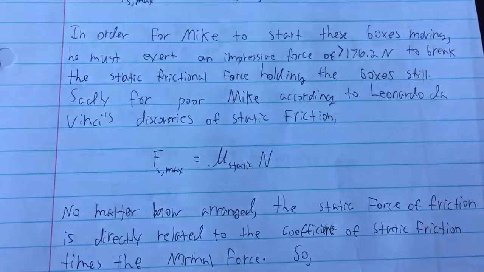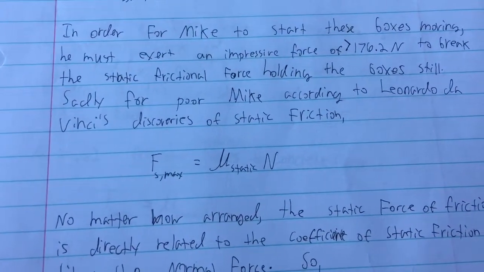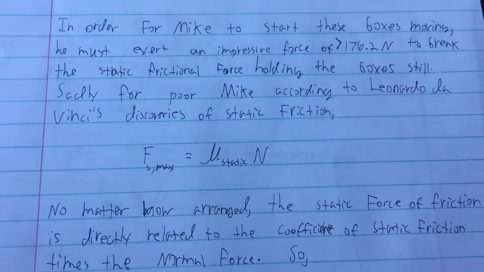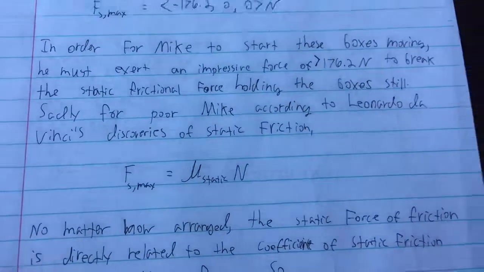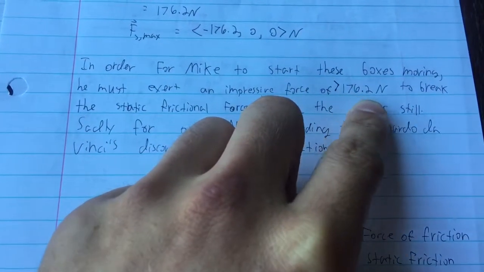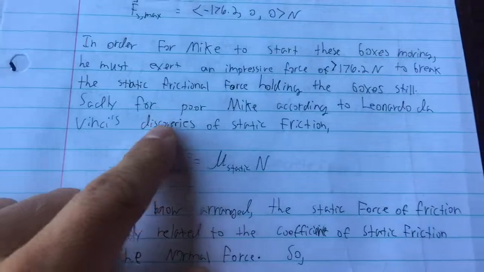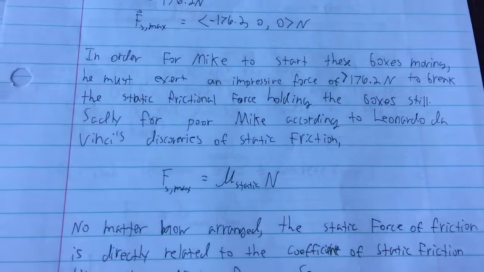So for this case, in order for Mike to start these boxes in motion, no matter what way they're set up, whether they're stacked or lined, it's going to require a force of greater than 176.2 newtons to break the static frictional force holding the boxes still.